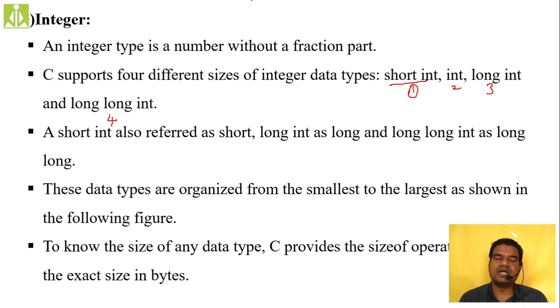We simply remove that int in every category. So these data types are organized from smallest to the largest as shown in the following figure.